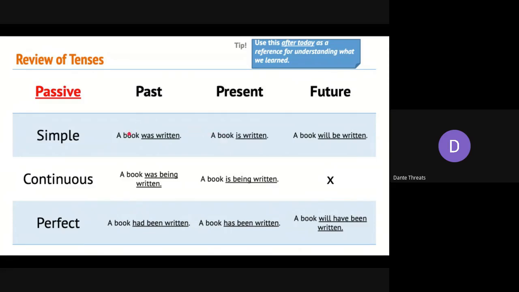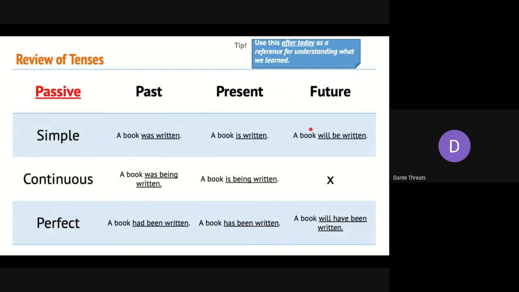Remember, the object of the last sentence is now the subject, and the focus is on the verb. What was written, the verb and the past participle. Okay. So simple past, a book was written. Simple present, a book is written. Future, a book will be written.